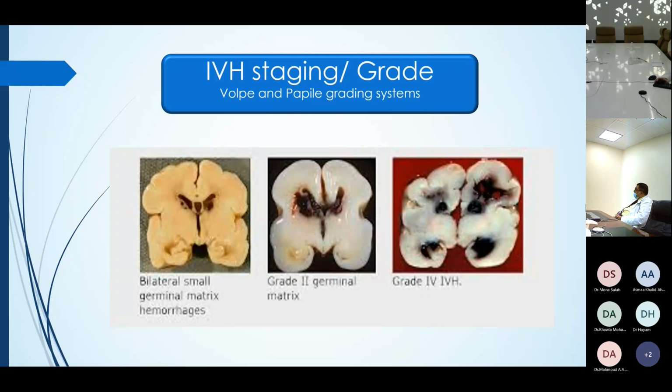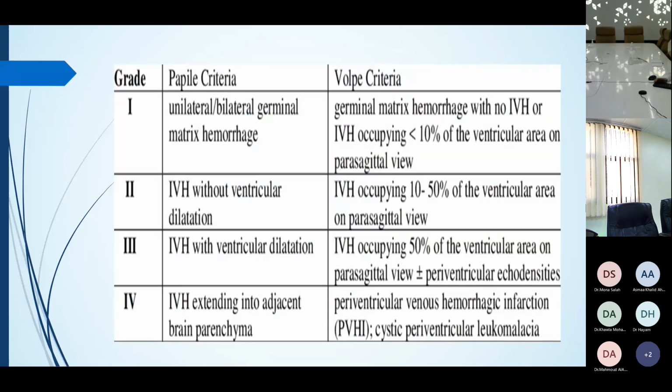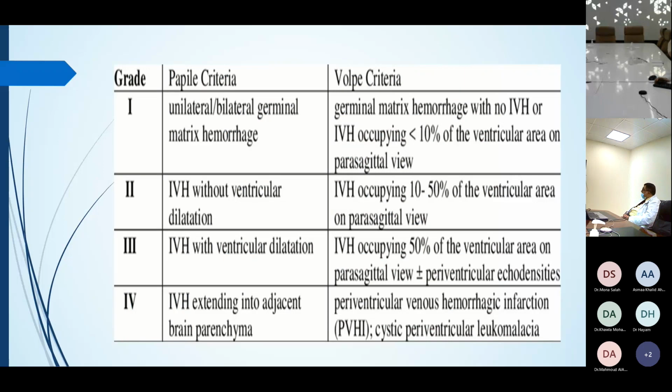So now we will go to IVH staging or grading. We have two common systems, the Volpe and Papile grading systems. There is a comparison here between both of them. We have grades 1, 2, 3, 4 in the Papile criteria: grade 1 is unilateral or bilateral germinal matrix hemorrhage, grade 2 is IVH without ventricular dilatation, grade 3 is IVH with ventricular dilatation, and grade 4 is IVH extended to adjacent parenchyma.